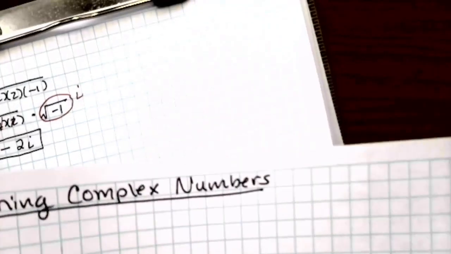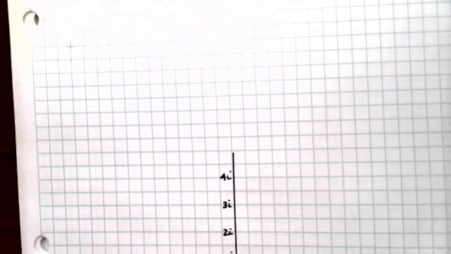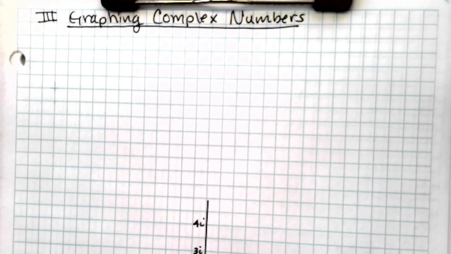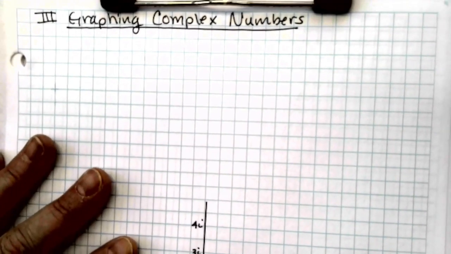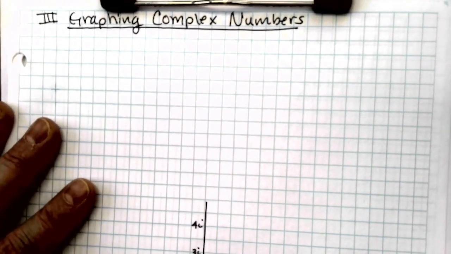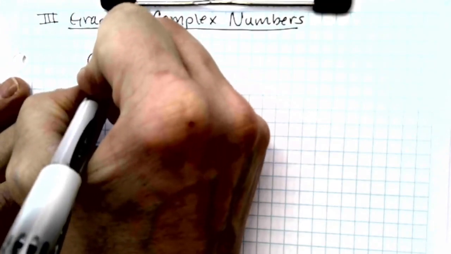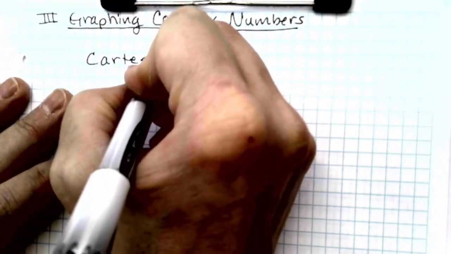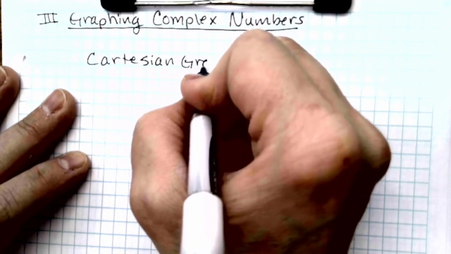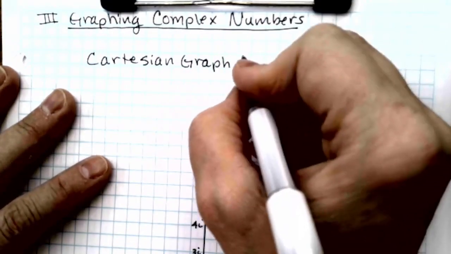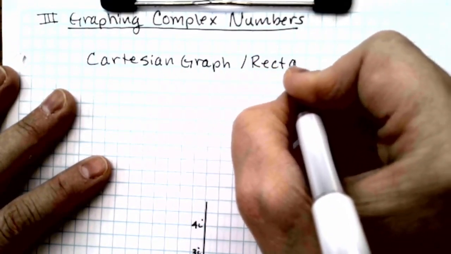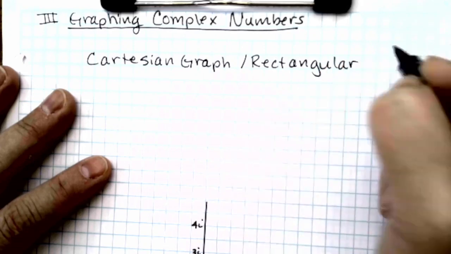Okay, last section. This is the one with the graph paper. Graphing complex numbers. Okay, so when you graph a complex number, you're going to use a Cartesian graph, also known as a rectangular graph.